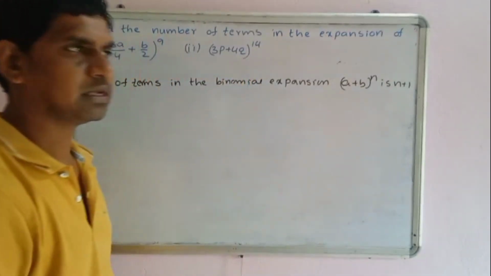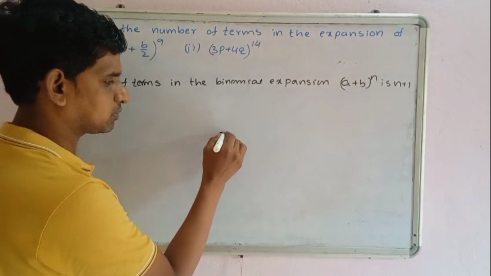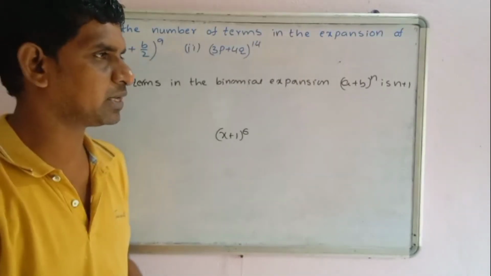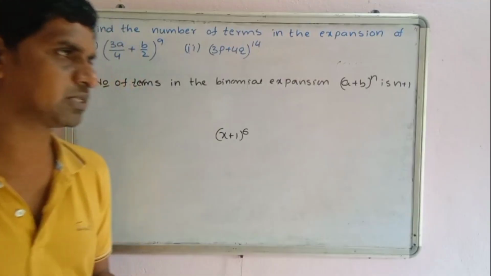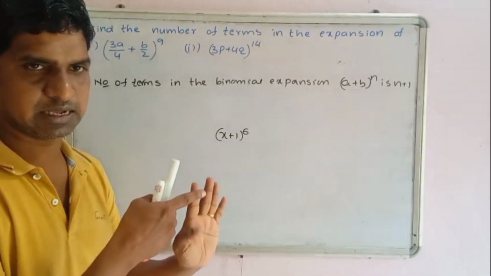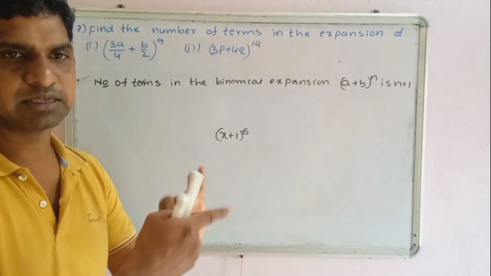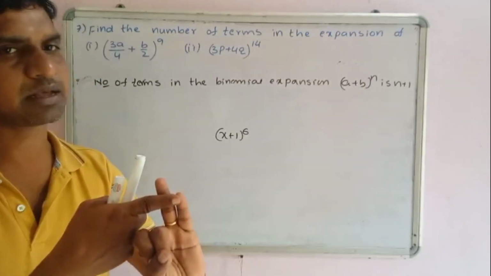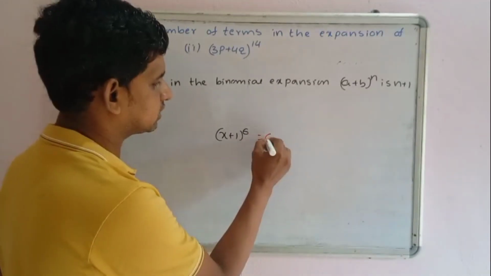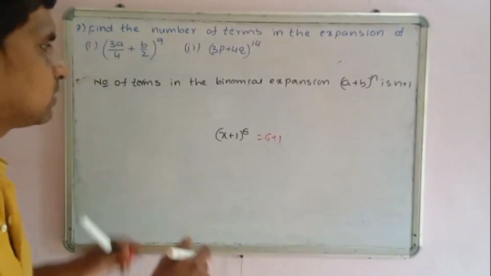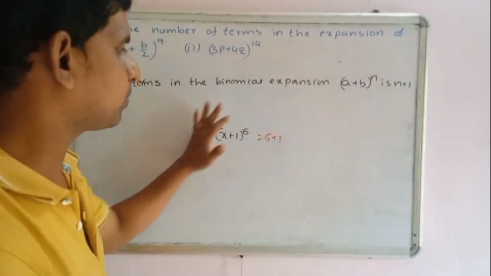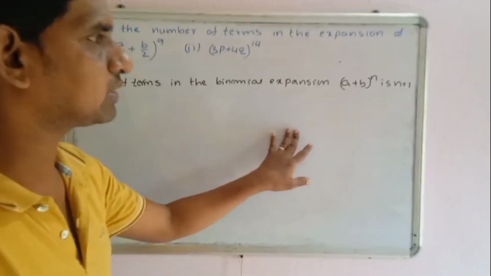See the previous problem, the expansion of (x + 1) whole power 6. How many terms are there? 1, 2, 3, 4, 5, 6, 7. Total 7 terms are there. So that means 6 plus 1. Similarly, the number of terms in the binomial expansion (a + b) whole power n is n plus 1.